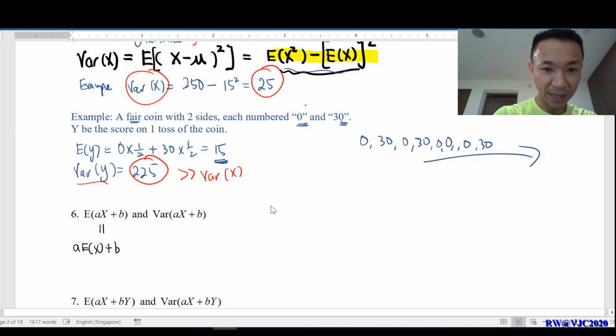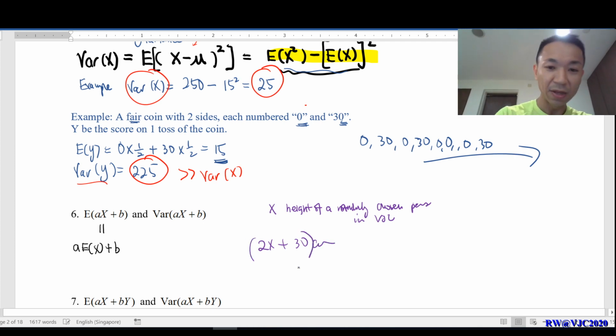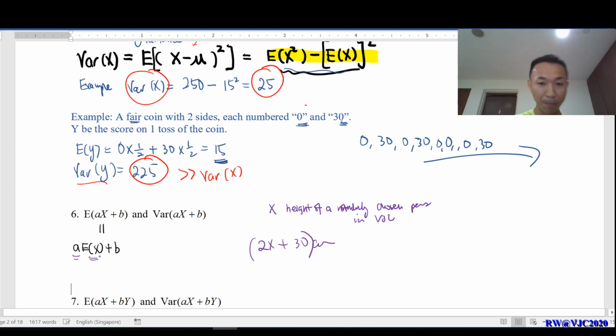If x is the height of a randomly chosen person in VJC, what is 2x plus 30 cm? What is the expected value of 2x plus 30 cm? Obviously, it's the same as 2 times the expected value of x plus another 30 cm. I think it's not difficult.